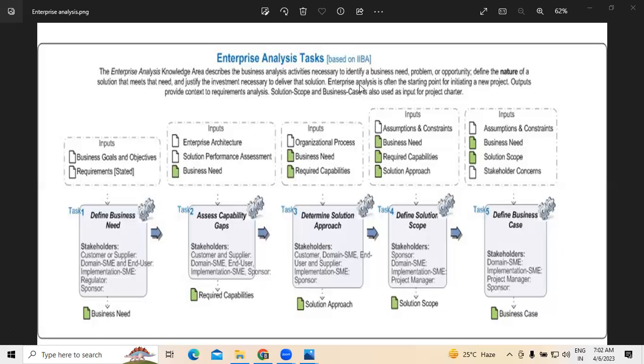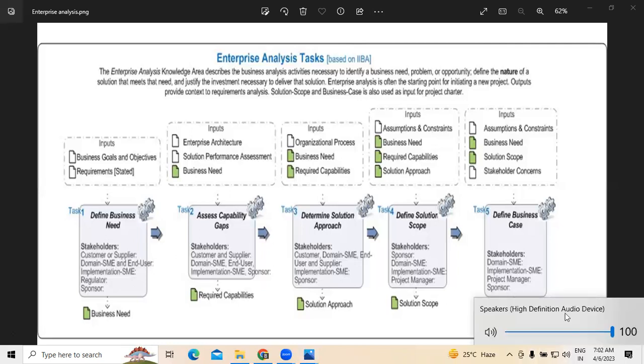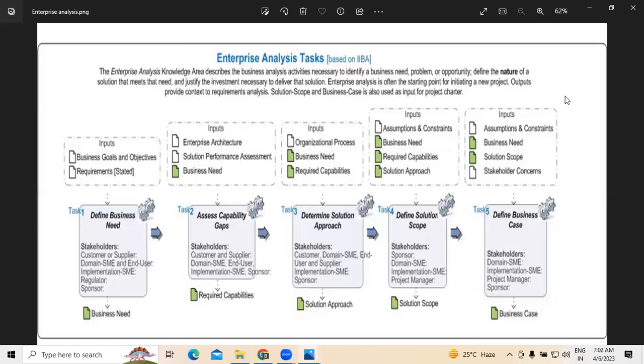To understand the problem. Yes, please. Why do I have knowledge over solution approach? Why is it required? Understanding the problem clearly. Okay, understood. The voice is very low. Who is this? Yeah, Nimisha, please check your mic settings.